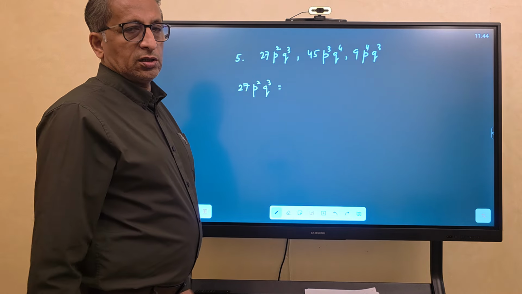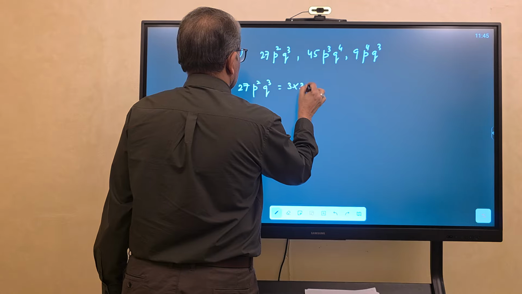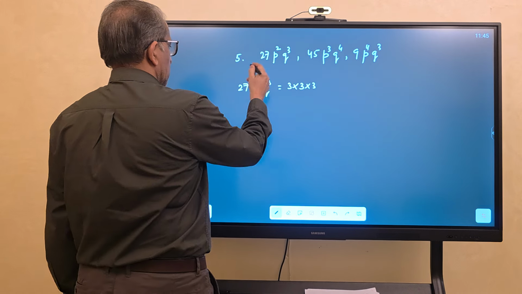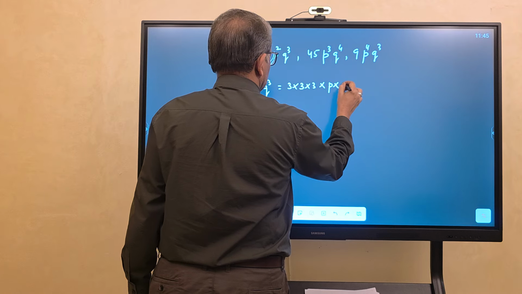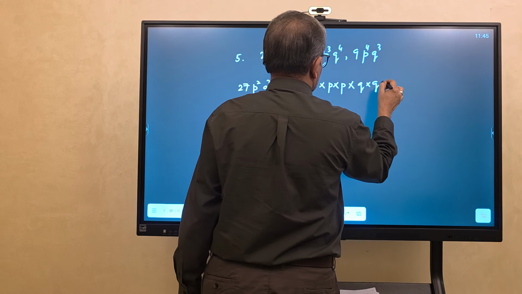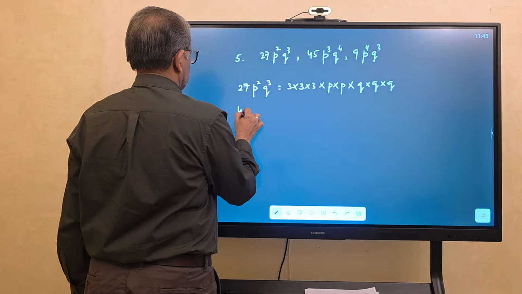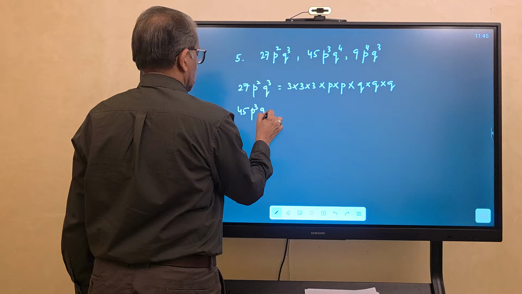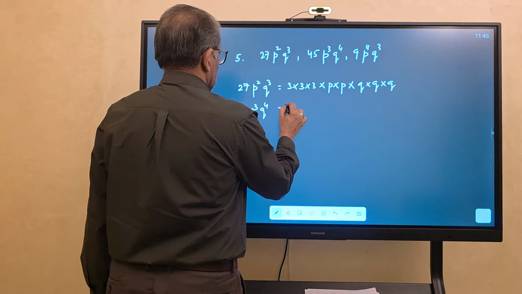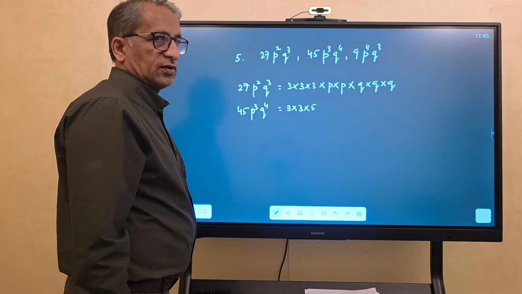Let me write down the factors of 27. 3 into 3 into 3. The factors of 27. P power 2, multiplied 2 times. Q power 3, multiplied 3 times. Then I take 45PQ4. The factors of 45. It is 3 into 3, 9. 9 into 5, 45.